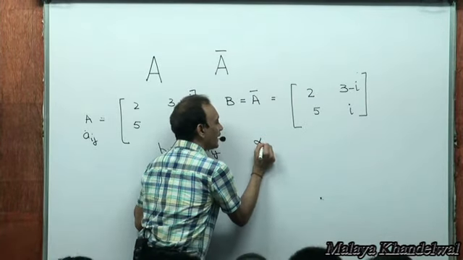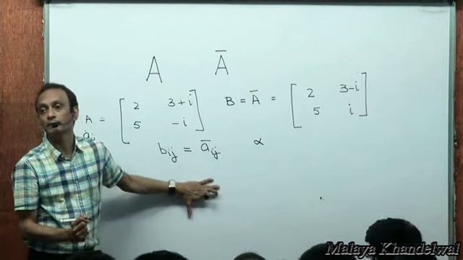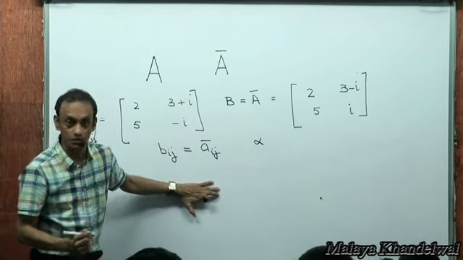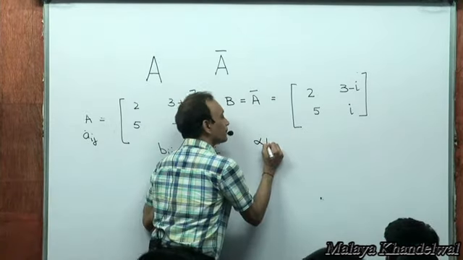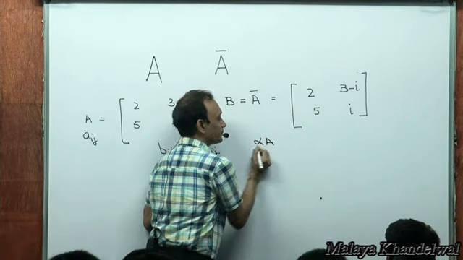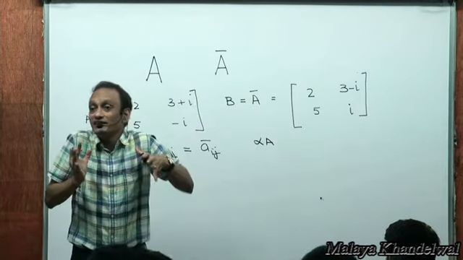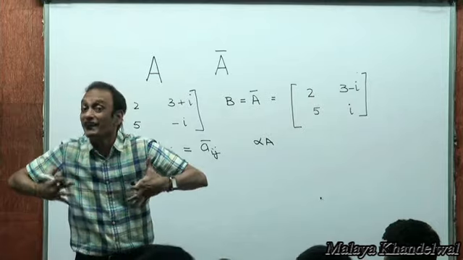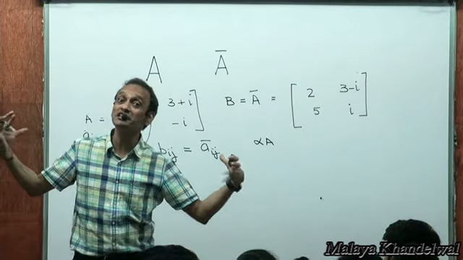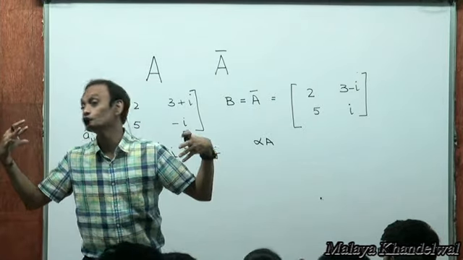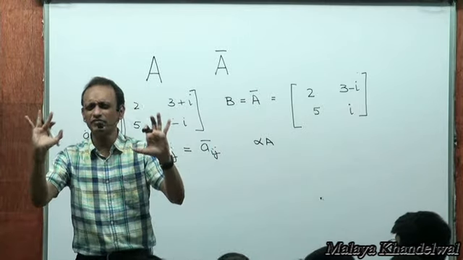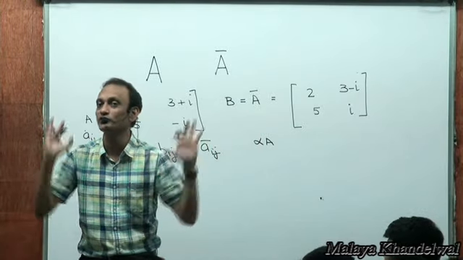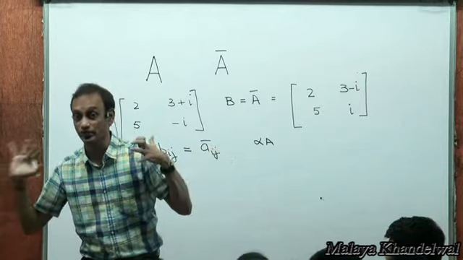If alpha is any number, real or complex, then consider alpha times A. See, A is a vector. Eventually, these matrices are vectors in a very generalized sense; these are actually vectors doing certain things. I'll come to that when the time is right, but as of now, that's the most generalized notion of vectors.